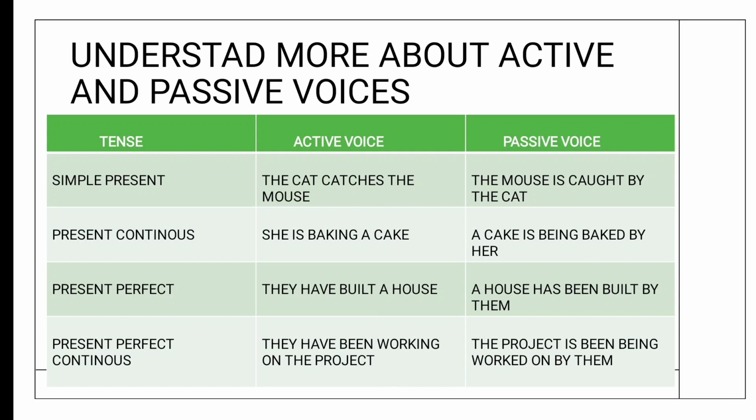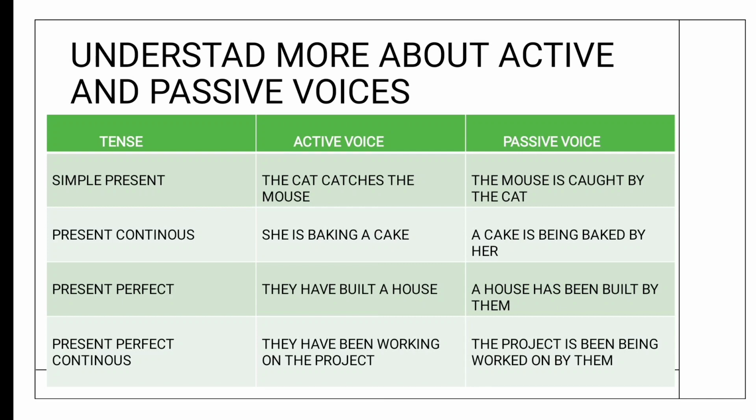The V3 form of the verb is baked. So a cake is being baked. So of course we need to add by. Okay, a cake is being baked by her. Why is it her here? Because the pronoun she, when we are converting from subject to object, will become her.